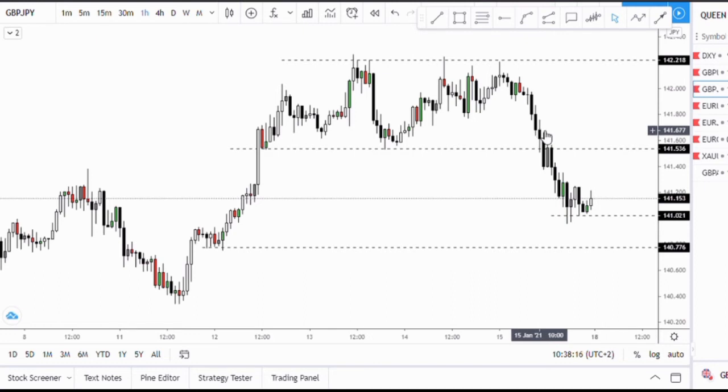This was the opening of London session. So price went down, it came back to retest the now resistance it broke, which was support, and then price continued down.